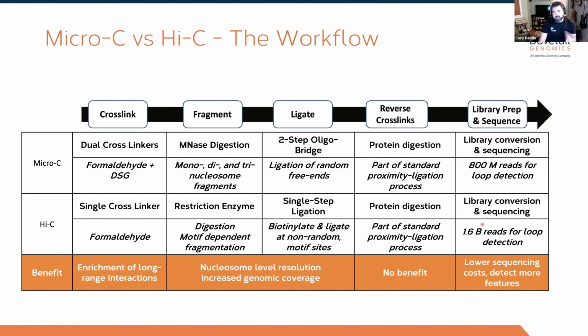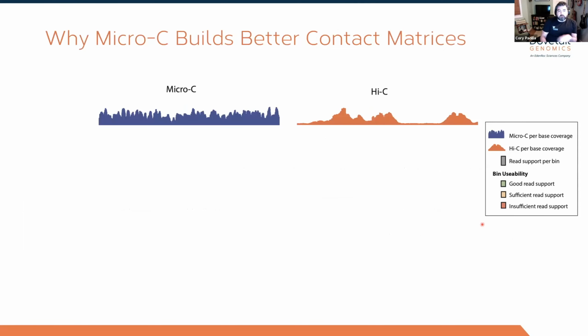And so let's talk about that particular part of this assay. So if we look at the coverage profile, this is linear coverage, just loading the BAM into IGV and just looking at what bases are being covered between micro C and restriction enzyme-based Hi-C. What you can see here are the peaks where the nucleosomes occur.